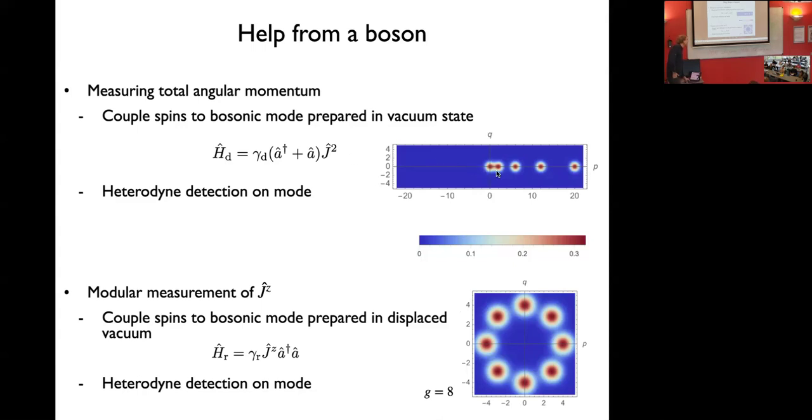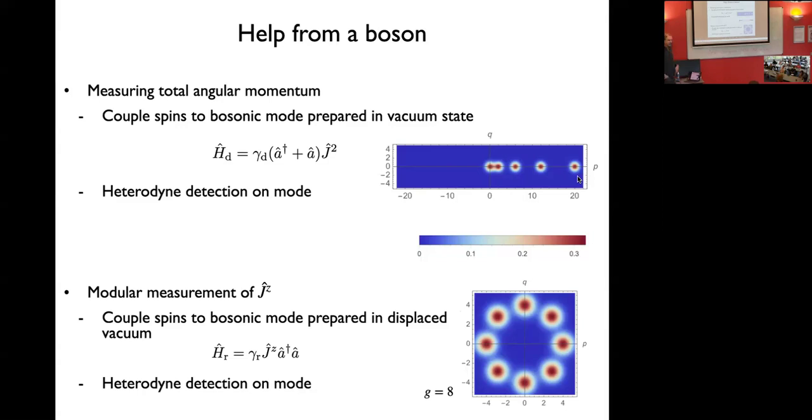The different eigenspaces of J squared can be distinguished by then doing a homodyne detection on the mode. This is a representation of the phase space for the mode, where different blobs refer to the displacements experienced by the mode according to the value of J squared for the spins.